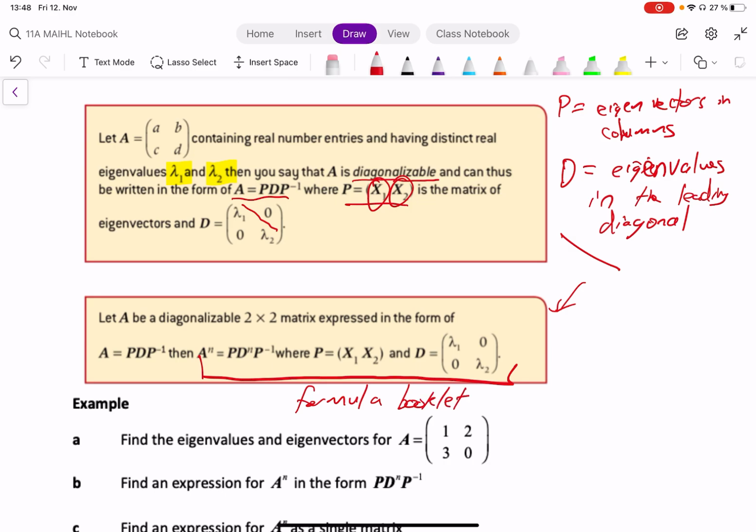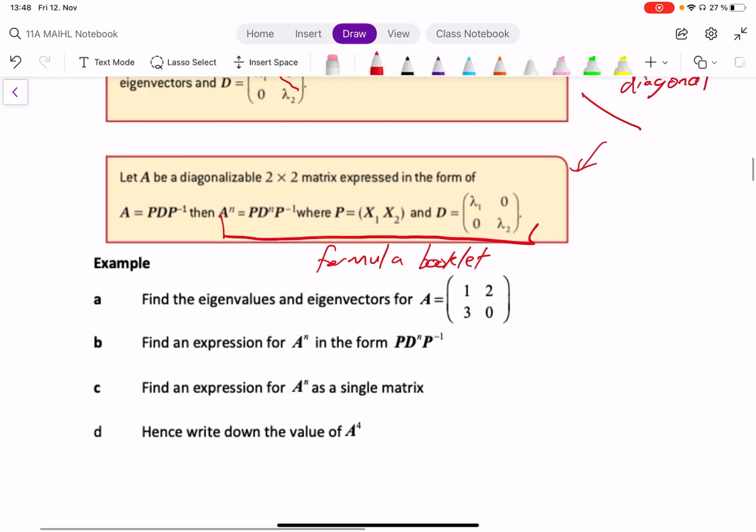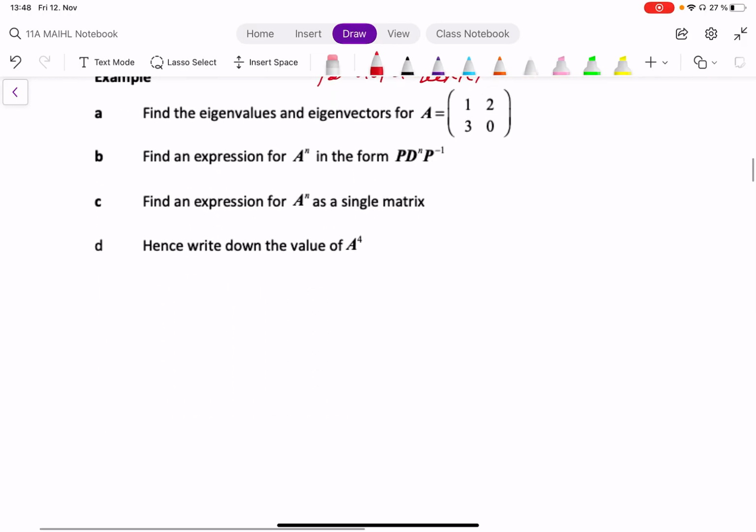It's just showing that if you find eigenvalues and eigenvectors, you can also find powers of different matrices. So if I want to find the matrix to the fifth, and I know the eigenvalues and eigenvectors, I can find it that way as well. So we're going to go through an example, and we'll take a look at how we would use that formula booklet formula that's up there.